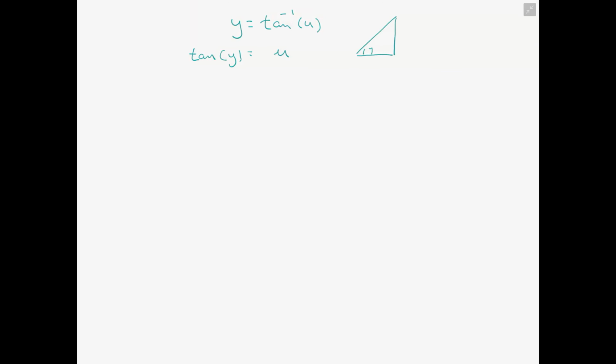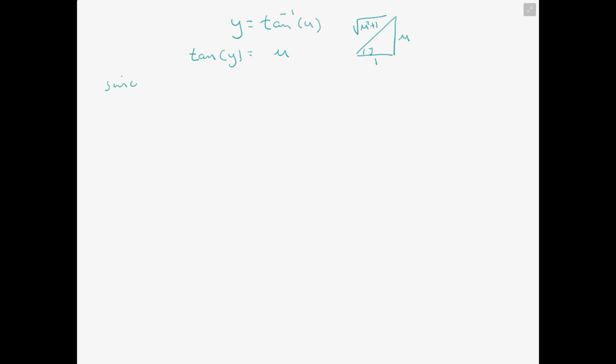So here we go. We say that the tangent of y equals u. And that means on our right triangle, it's a little simpler for us than the secant. So u over 1, and then this is the square root of u squared plus 1.